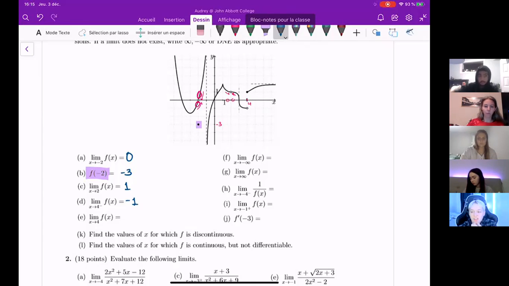We have -1. But what about if I were to ask you the limit as x approaches 4 from the right of this function? That would give me a +1. Good job, guys. So there I have my +1, which tells me what about the limit as x approaches 4 itself?